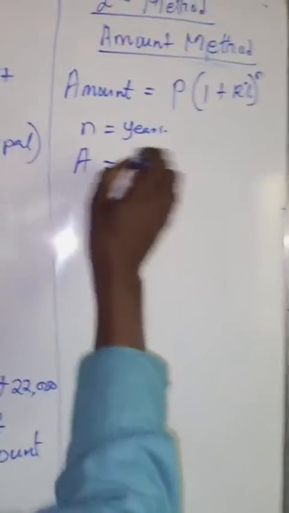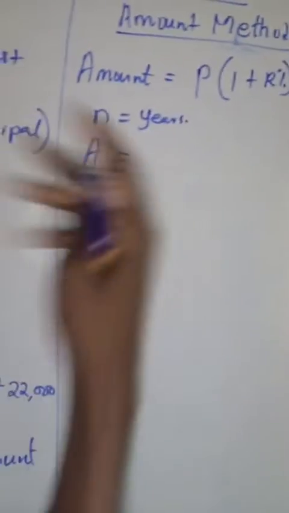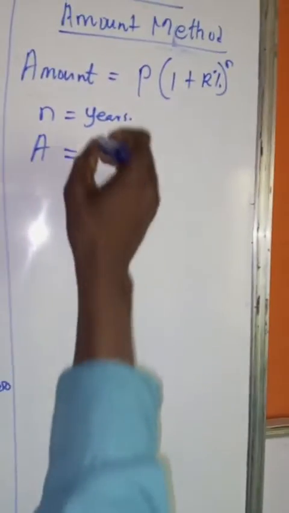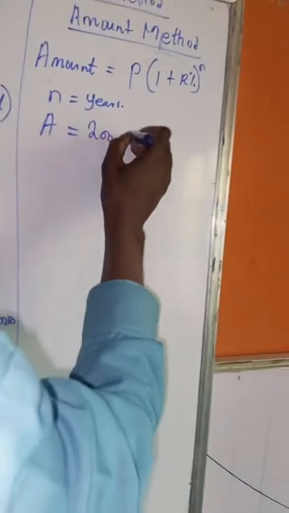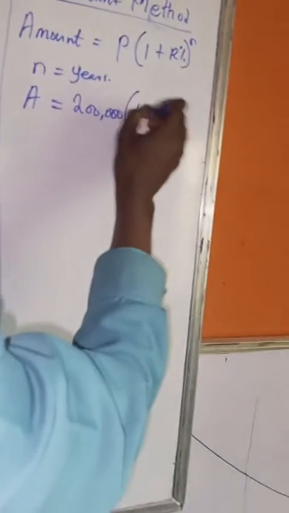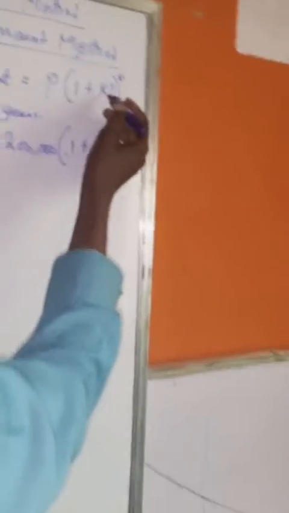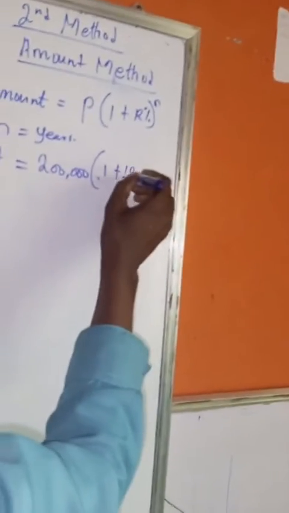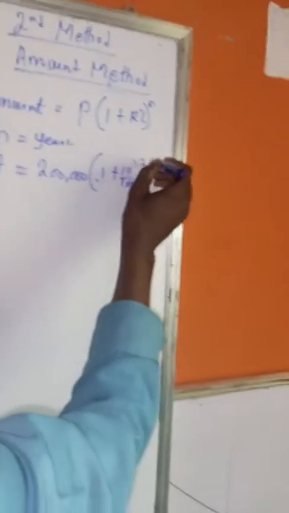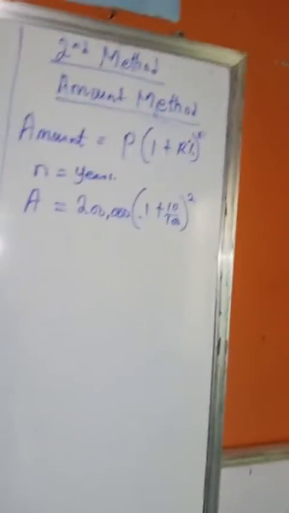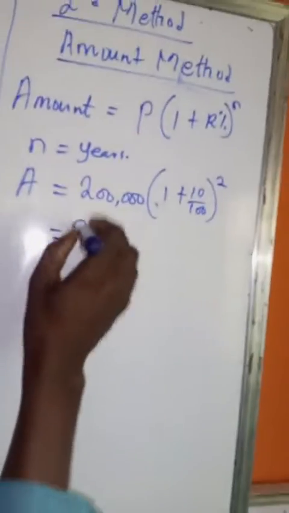So amount now is equal to, my principal according to the question is 200,000, times 1 add to my rate, which is 10%, and n is 2 years, since n stands for number of years.